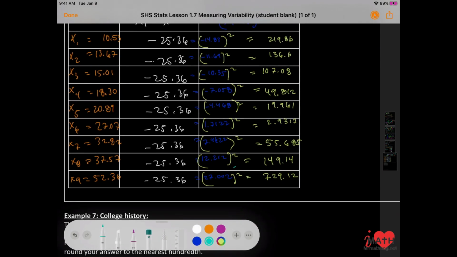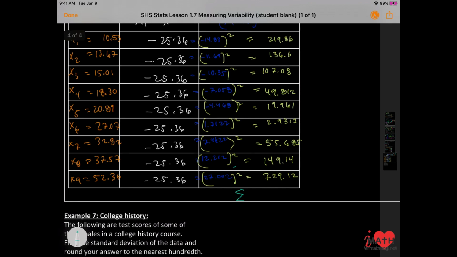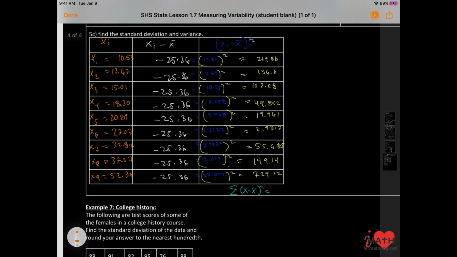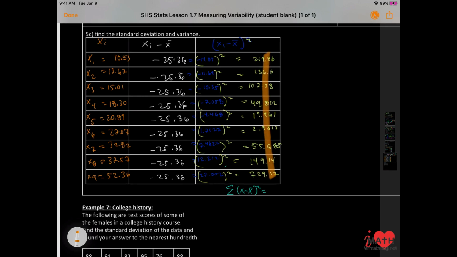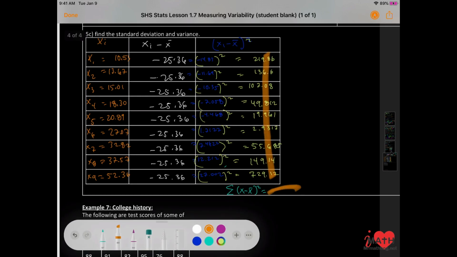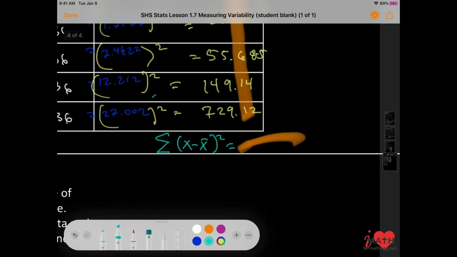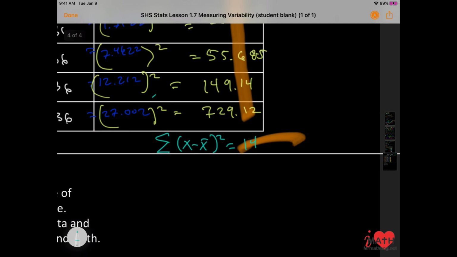If you take all these numbers now, the formula is the summation of all of these values squared. So if you add up all of these numbers here in orange, you will get 1,470.191756.